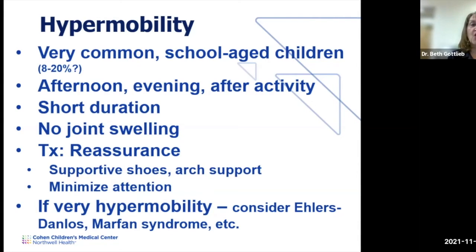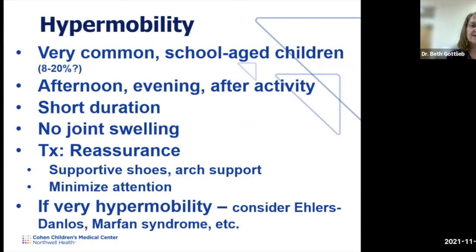And most children are called growing pains, but benign hypermobility syndrome of childhood, absolutely the most common cause of joint pain in school-age children, and even all through school age. We used to just say elementary school, but it really goes all the way through high school. And the very fancy name that I mentioned, benign hypermobility syndrome, orthopedists call it ligamentous laxity, and the common name is double jointed.